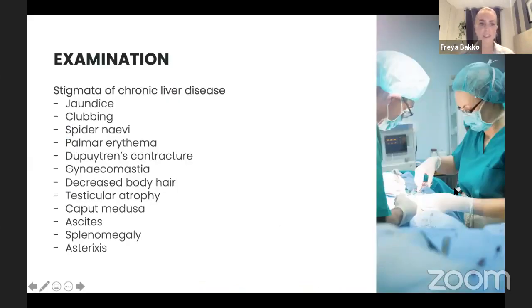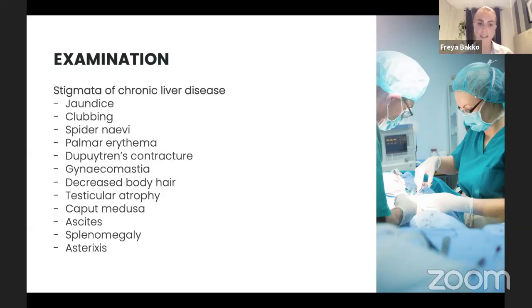So for your examination, you want to start with your observation of the patient. Most importantly here, you want to check whether they have any stigmata of chronic liver disease. This includes quite a lot of different signs. Most commonly, patients get jaundiced. Have a look at their hands and look for any clubbing, palmar erythema, spider nevi. Look for Dupuytren's contracture.